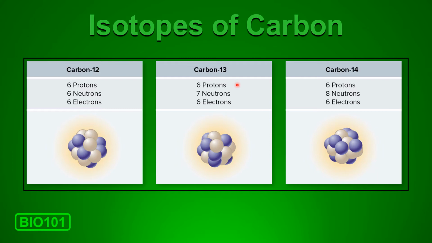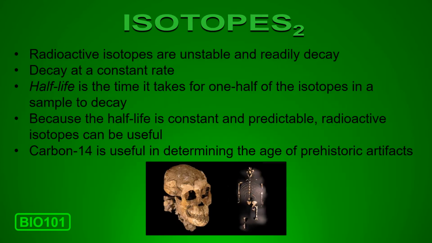I mean, it really is. If you could weigh these on a little tiny atomic scale, 12 would be much lighter than 13 and much lighter than 14. Okay, these are heavier. Okay, so radioactive isotopes like carbon 14 are unstable, readily decay.